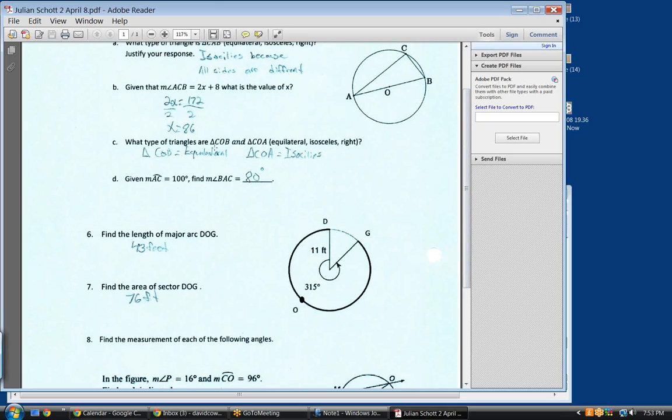What type of triangles are OC? In other words, if I draw a line from the center to C, I make another little triangle here. Here, let me do it on my paper.